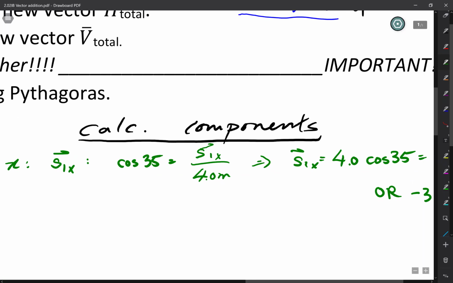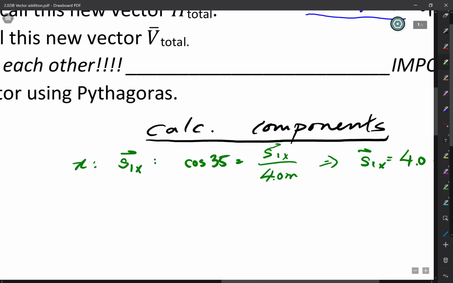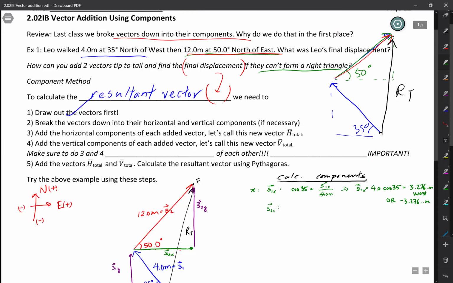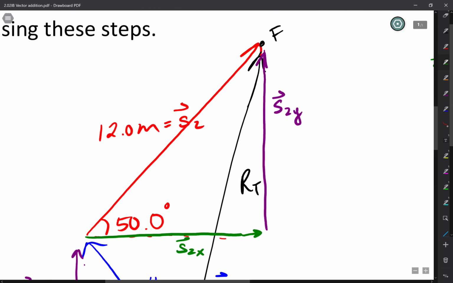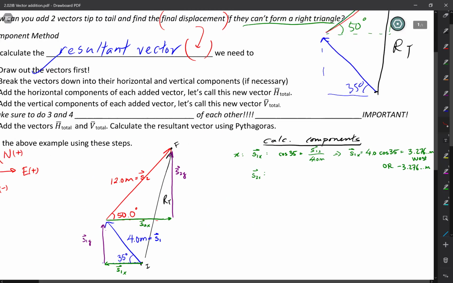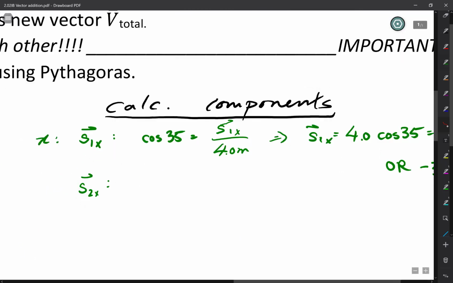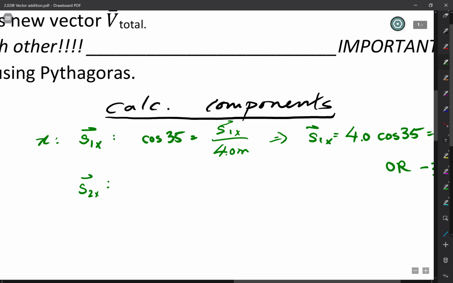Now for my second X component, S2X. If I go to my right triangle, relative to my 50 degrees, my S2 is also adjacent to my angle, which again means I am going to use cosine again. Ooh, how convenient. This is never going to happen twice in a row.